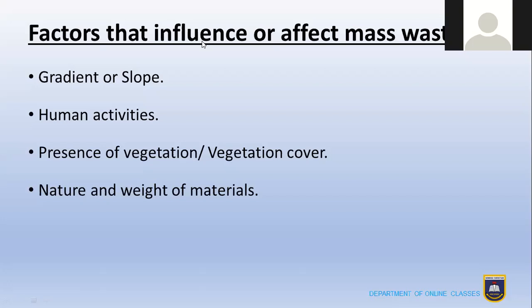So take note. And the main agent responsible for the movement of these weathered materials downslope, we are saying, is the force of gravity. It is the force of gravity that is acting as the main agent. So don't forget these important points.